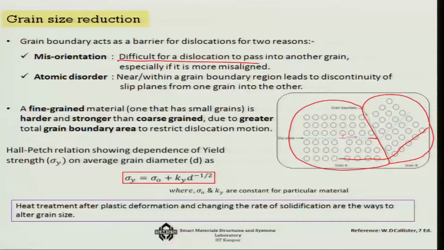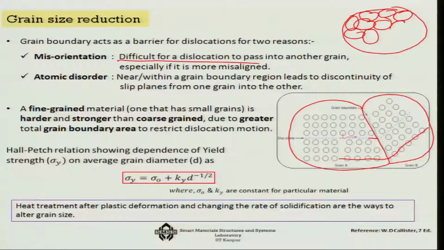Now, you imagine that in terms of the number of grains in a particular surface area, if you have more and more of these grains, which are misoriented with respect to each other, then it will be more and more difficult for the dislocation to affect all of them on a statistical scale.